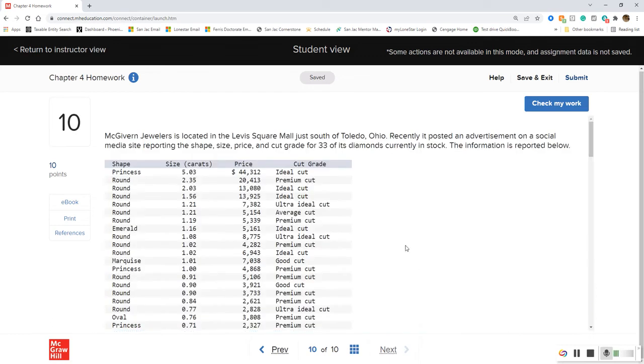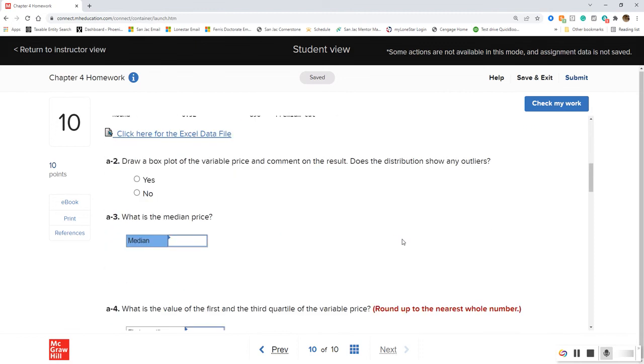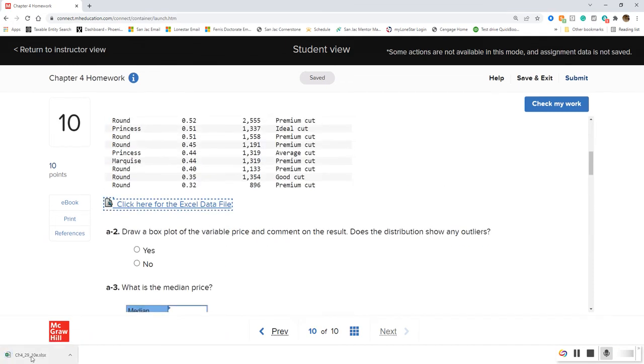Let's see what 10 is. Alright, 10. So, 10, you can draw a box plot and see if it does show any outliers. Again, I could probably do that in Excel. Let's see if we can do it in Excel.